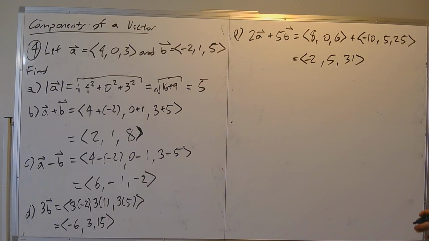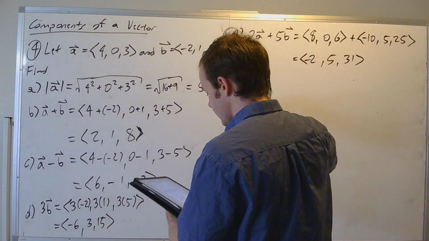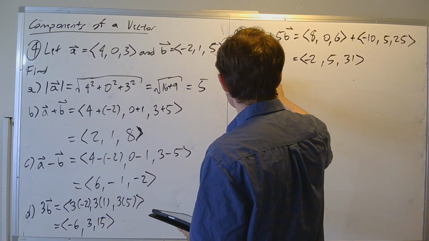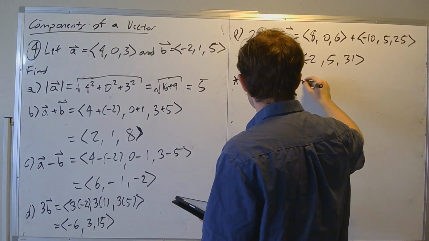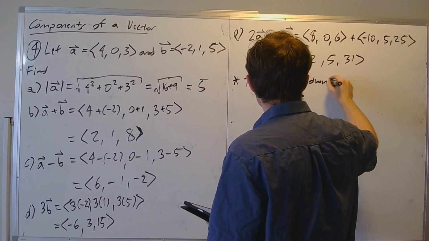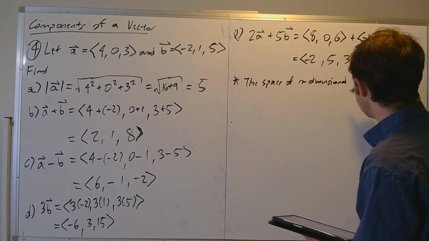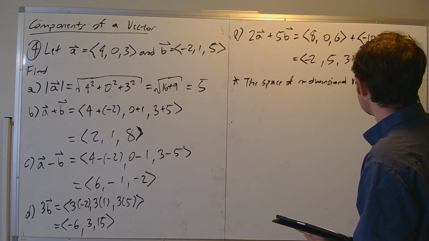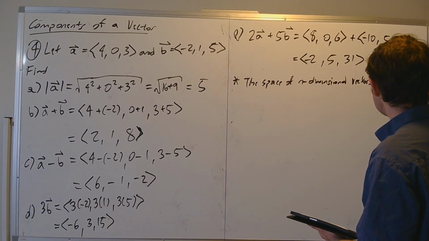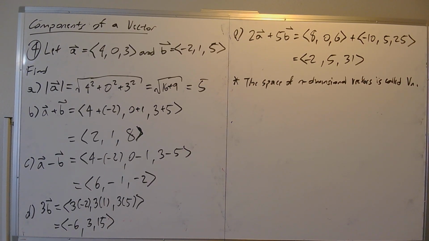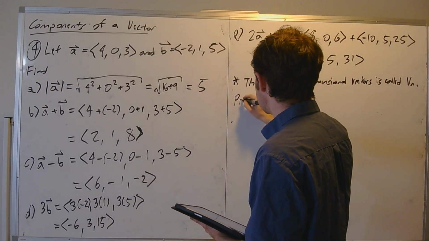Okay. What I started writing, which I'm going to rewrite now, is the space of n dimensional vectors is called Vn. Right, so we're just going to call that Vn, and we're going to have properties of vectors.